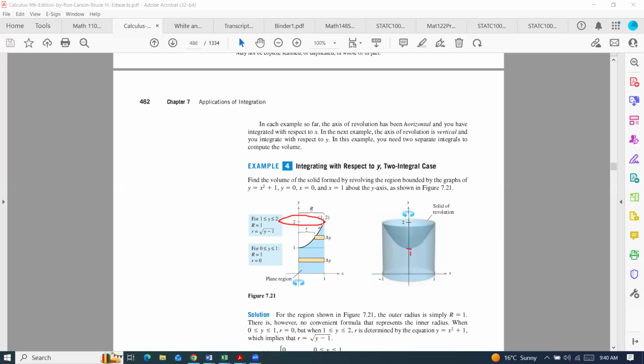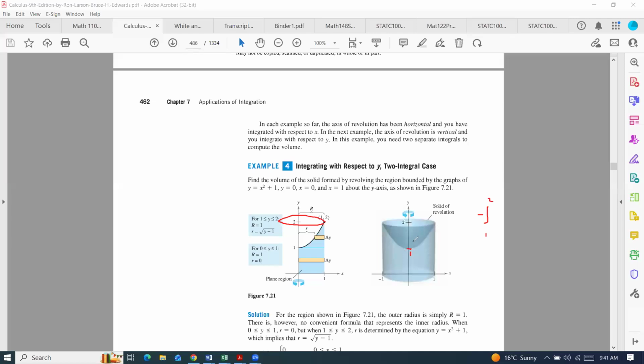But that volume you need to drill or cut out from the cylinder. So you're going to probably have two integrals because there is no parabola below 1. So you're going to have the integral from 1 to 2 that you will be cutting out, or subtracting from the cylinder.